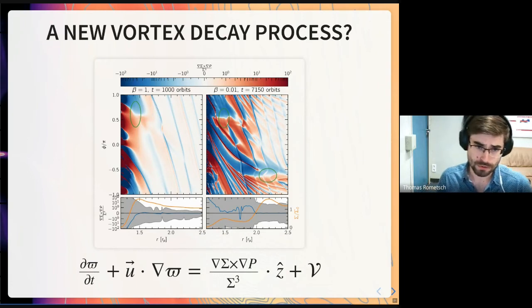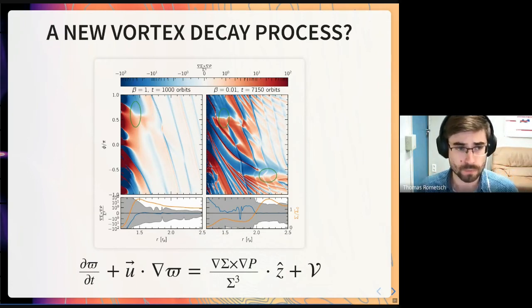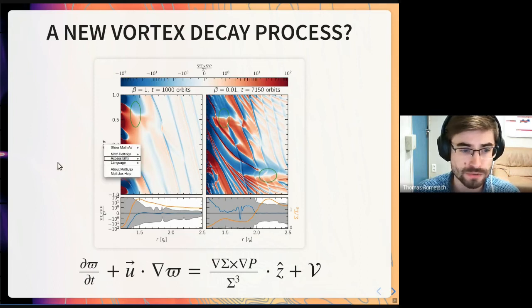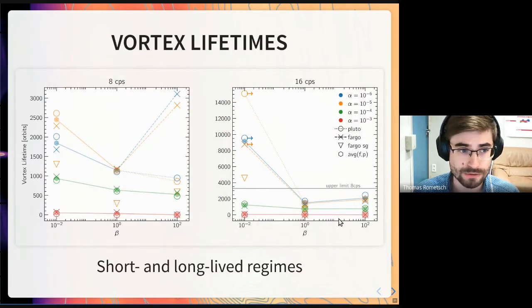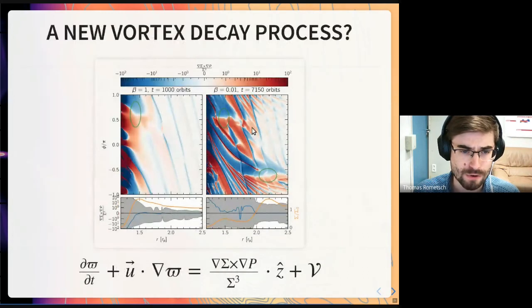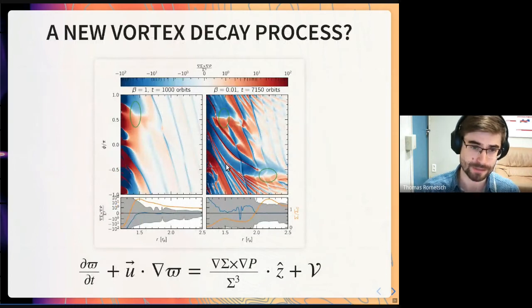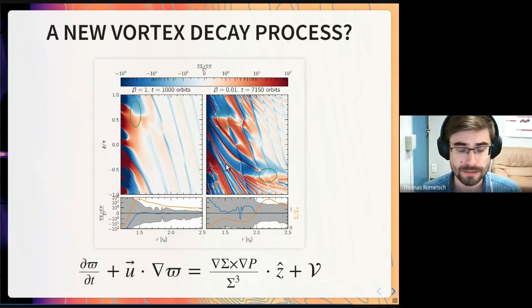We couldn't find any pattern in here that would give us indications as to why these two different regimes we saw before, long-lived and short-lived, form. But it seems there's something hidden in there which we couldn't disentangle in this project.